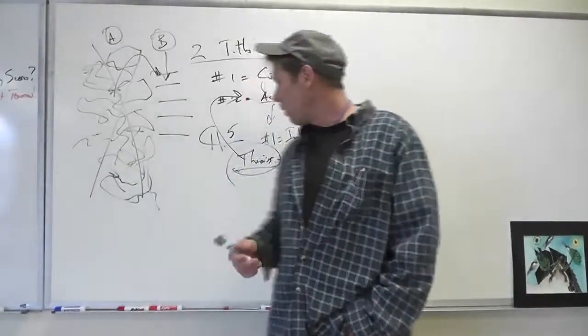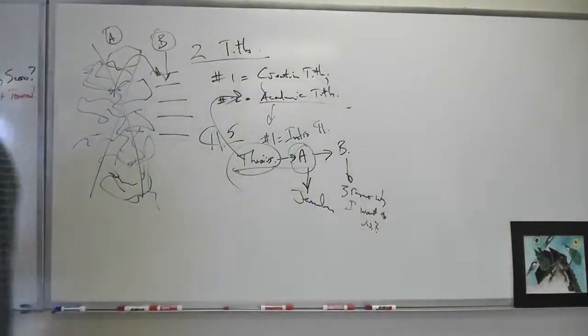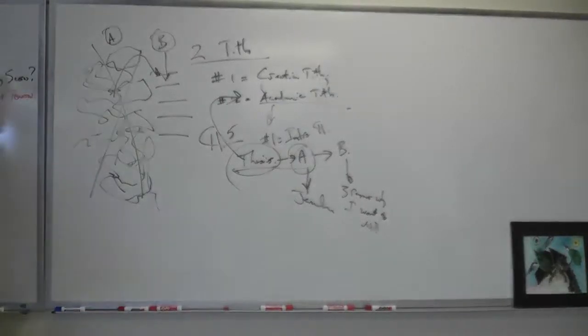Okay? Now, after I've got my thesis, I'm now ready to go to my points of validation. I'm just going to remove some of this so I've got room to write, okay? Points of validation, or POVs, as we'll often refer to them. It's pretty simple. The word validate means to prove. Got me?